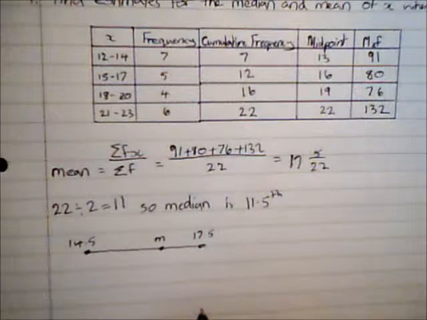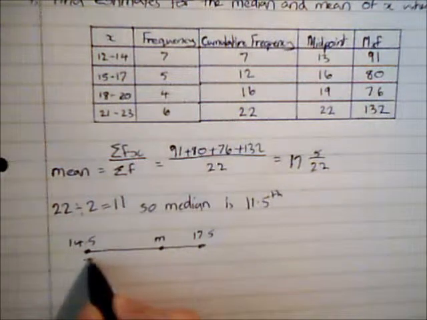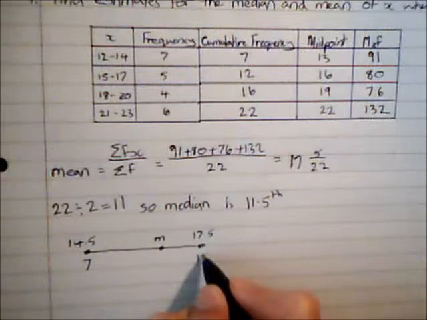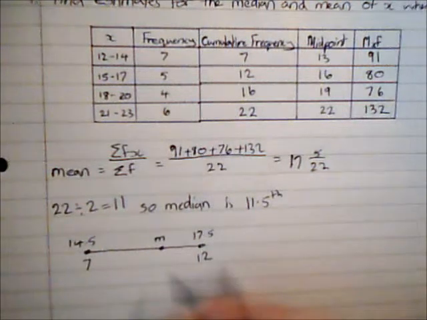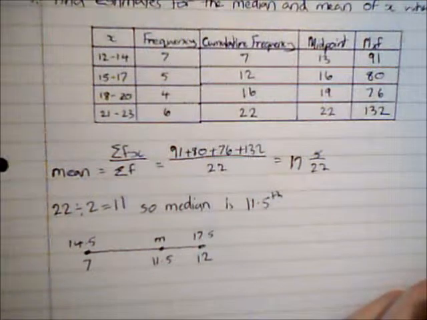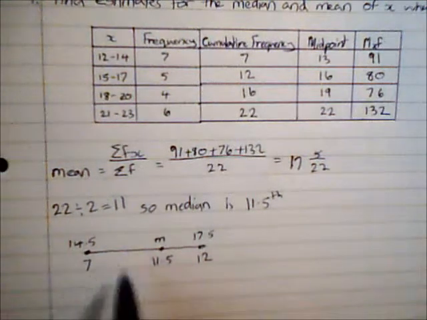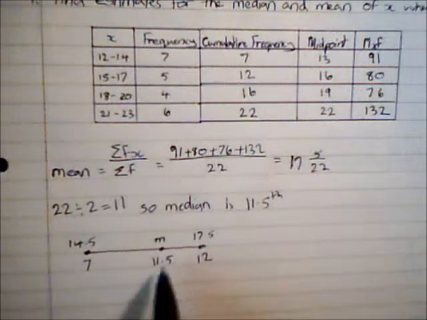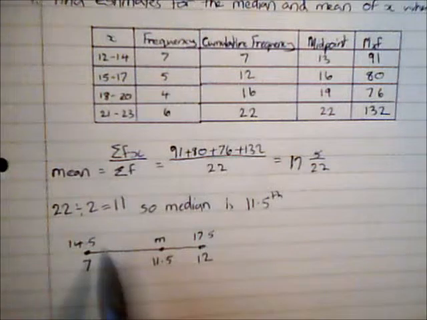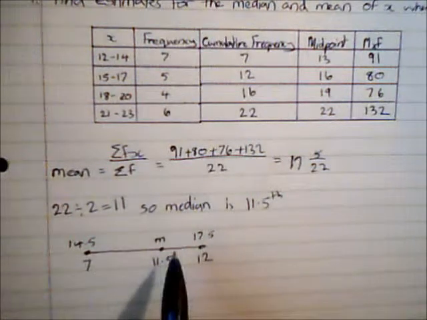Now if I look at the frequencies, at the beginning of the group there are 7 bits of data because they're from the first category. By the end of the group there's now 12 bits of data, and my median is the 11.5th piece of data. And these are going to be in the same proportions because we're going to assume that the proportion of the way through the cumulative frequency is the same proportion that the median is in this group.